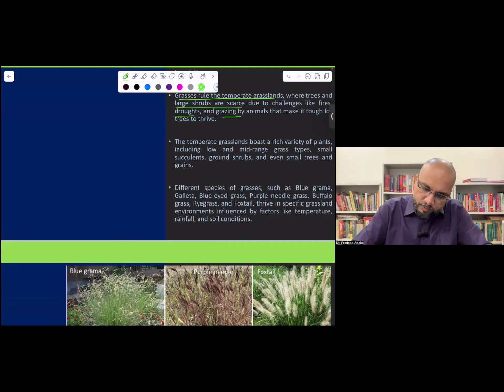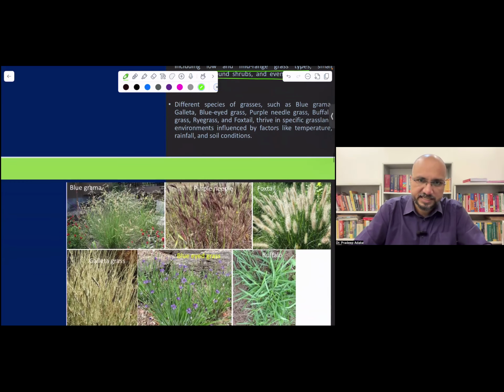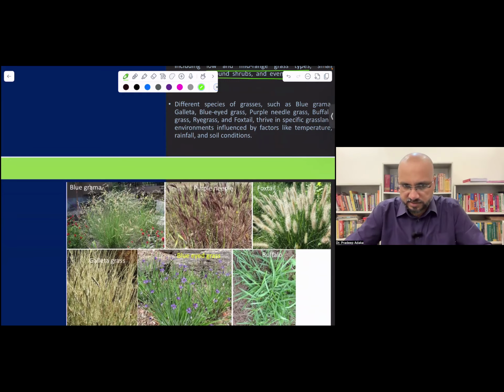Temperate grassland boasts a rich variety of plants, including low and mid-range grass types, small succulent plants, ground shrubs, even small trees and grains. Large trees are rare. So different types of grasses are seen here.